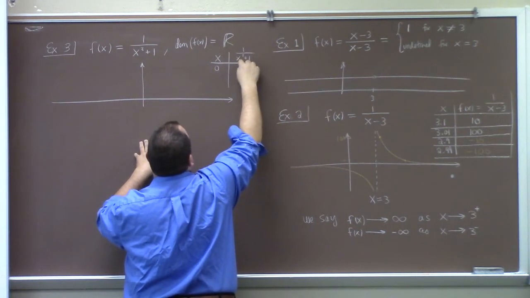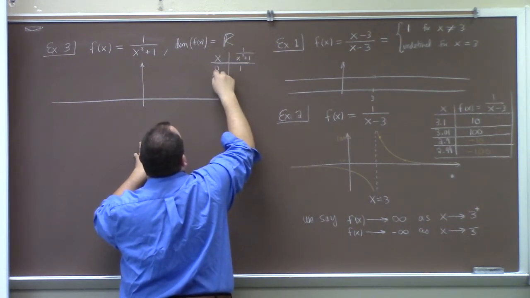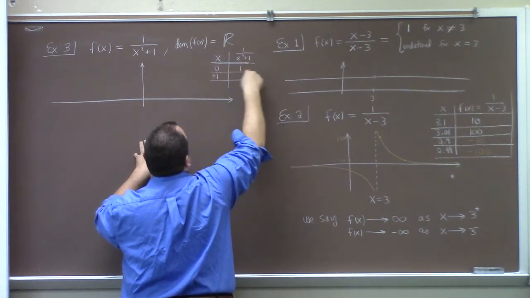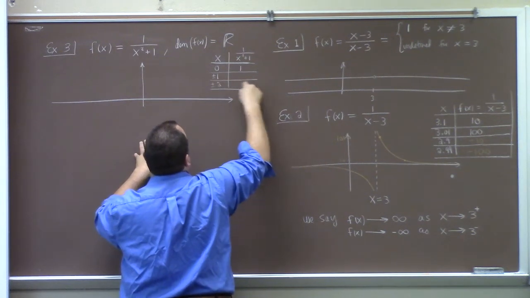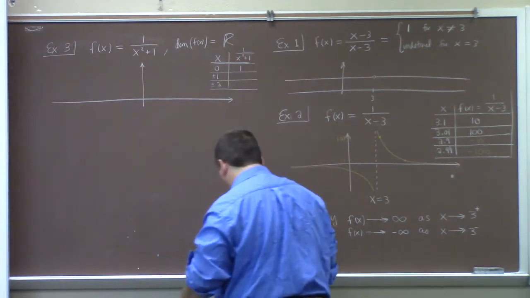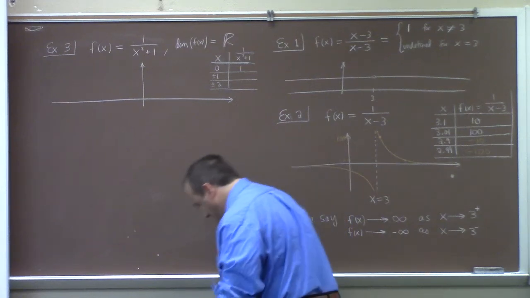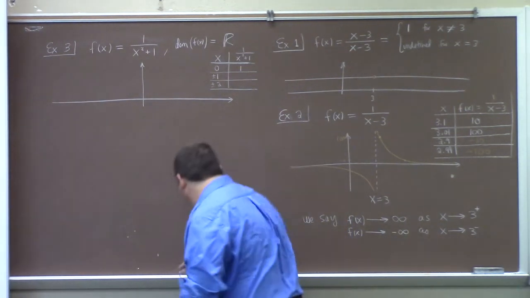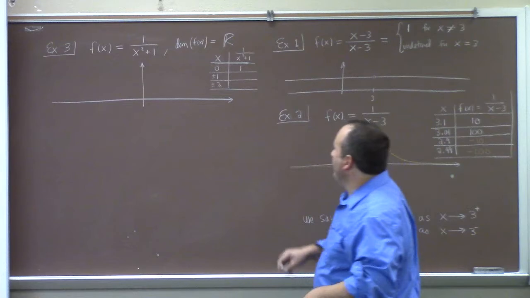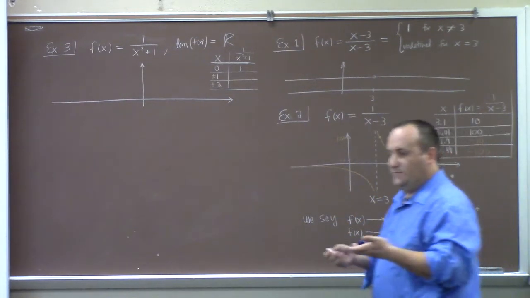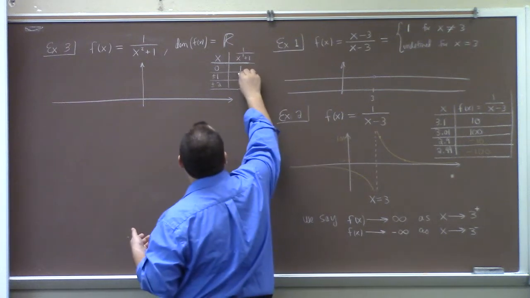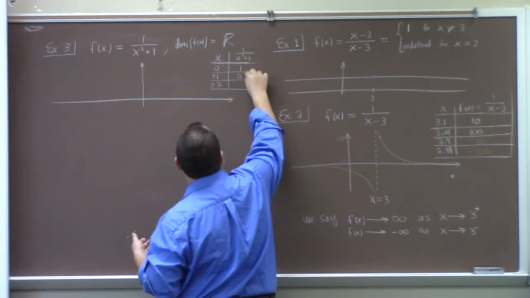We get 1. If we plug in plus or minus 1, what do we get? We get 1 over 1 plus 1, right? It's a half. So we get like 0.5 at either plus or minus 1, right?